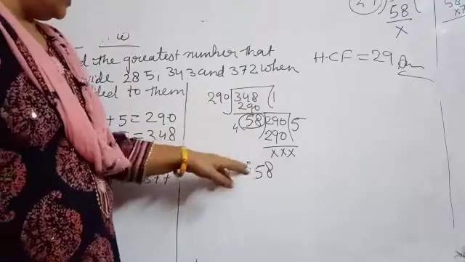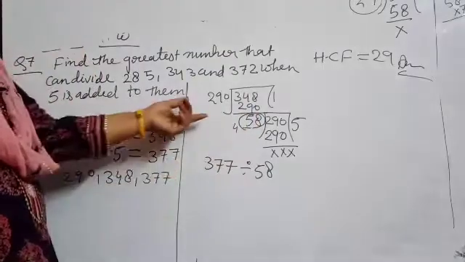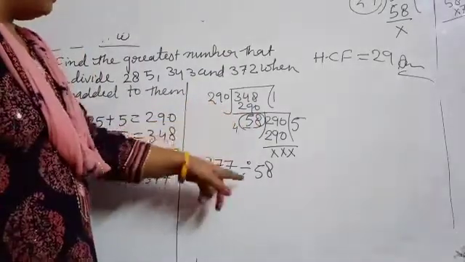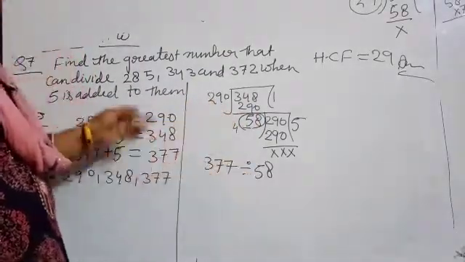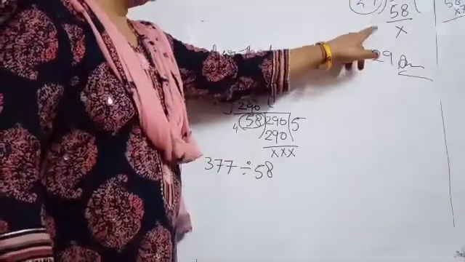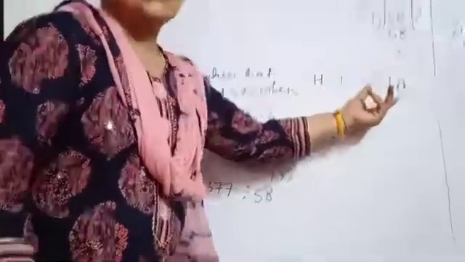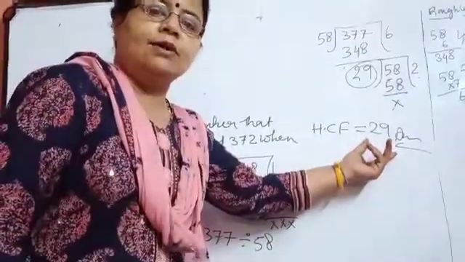In this way I got that 58. By that 58, meaning the SCF of 2 numbers, we will divide the third number. I have divided it here, and the last divisor that makes the remainder 0 will be your SCF.